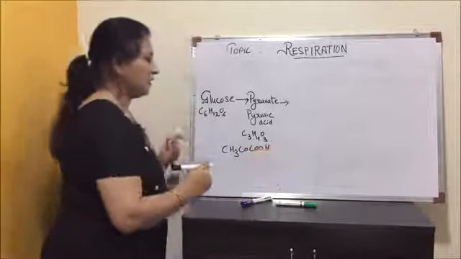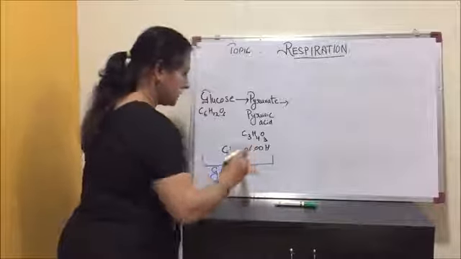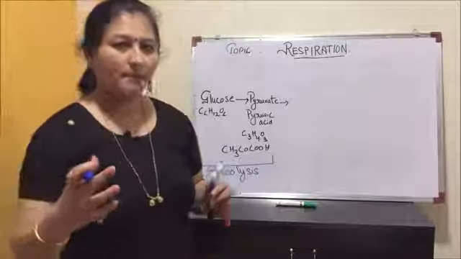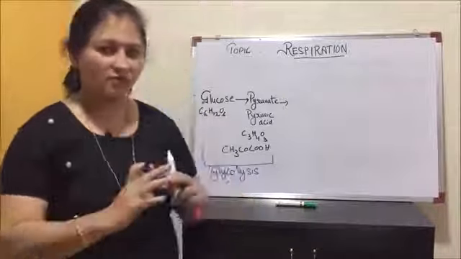From here till here it is known as glycolysis. What do you mean by glyco? Glyco means glucose. Lysis means breaking down. So there will be a breaking down of glucose. From 6 carbons it has come to a 3-carbon compound.